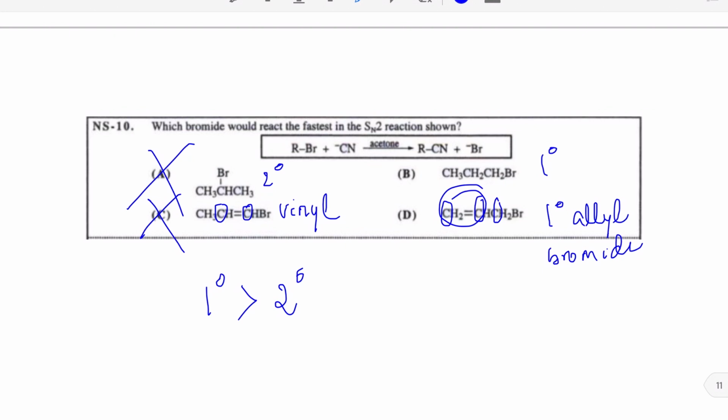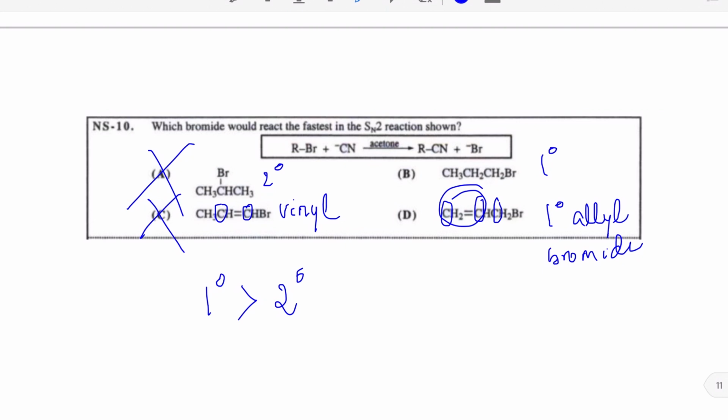So now we're left with B and D. And it turns out that whenever this primary alkyl halide is actually allylic, it actually speeds up the reaction a little bit more. And this is due to a phenomenon called hyperconjugation.